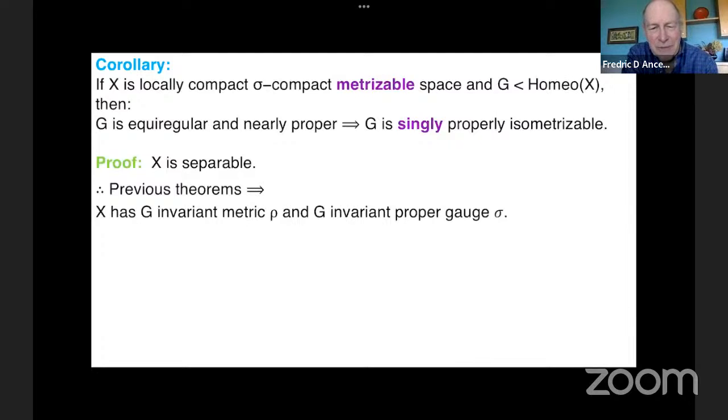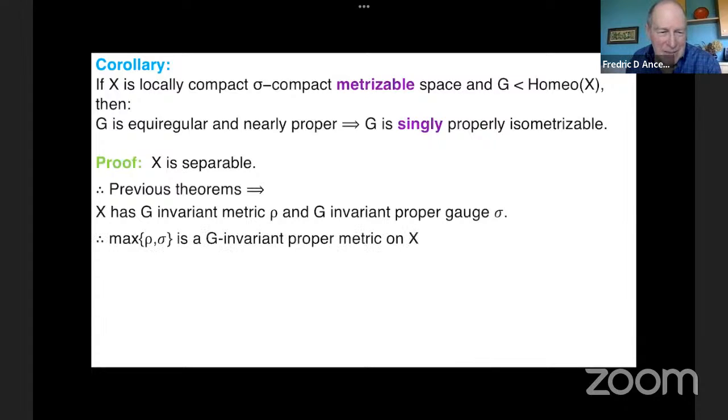And they also give me a single proper gauge. I don't know that it generates the entire topology, but if I put the two together, I do get a single G invariant proper metric on the space.